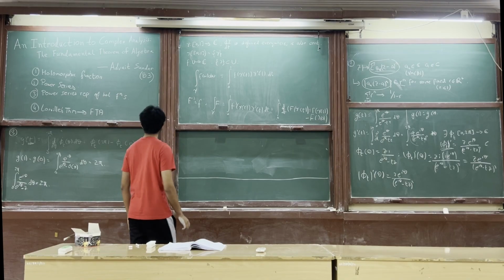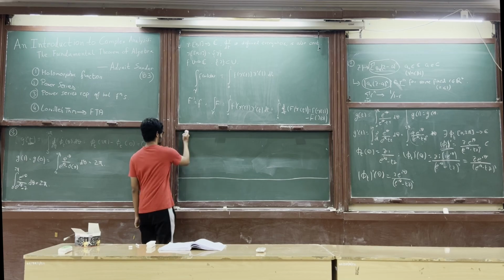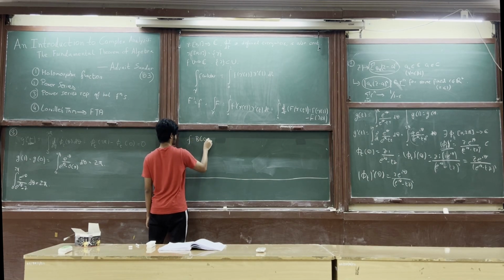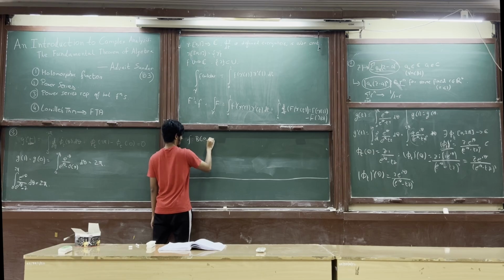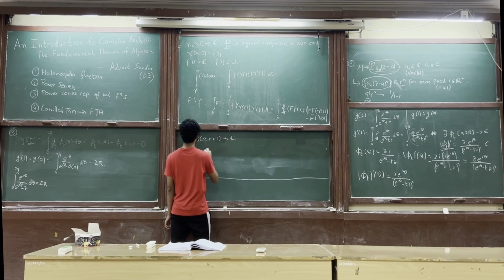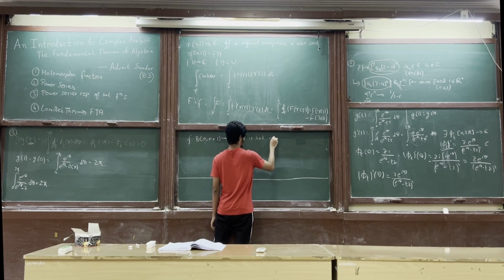Now we move on to one of the most important formulas in introductory complex analysis, which is that you have a function defined on a ball of radius r plus 1 to C, such that f is holomorphic on its domain.